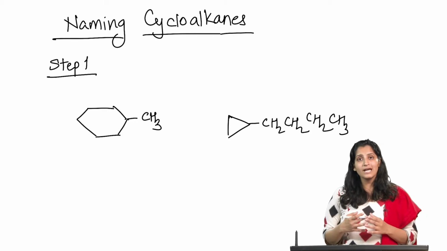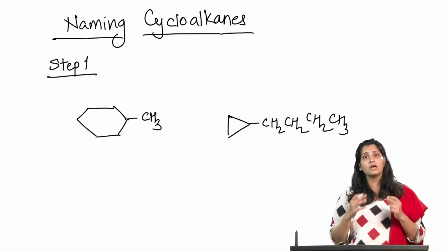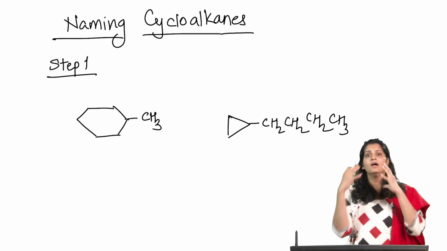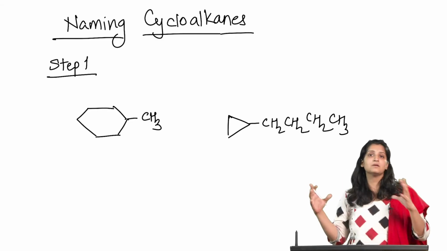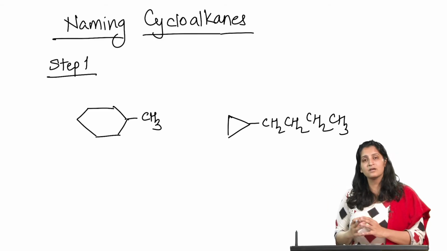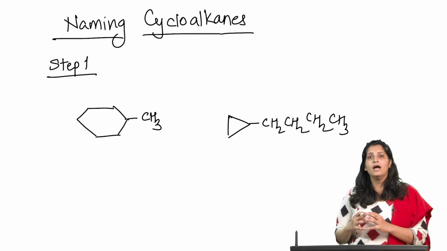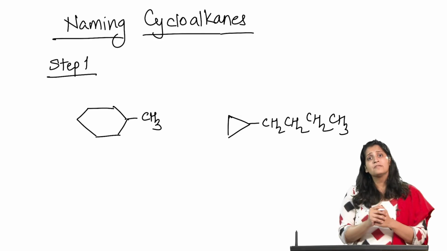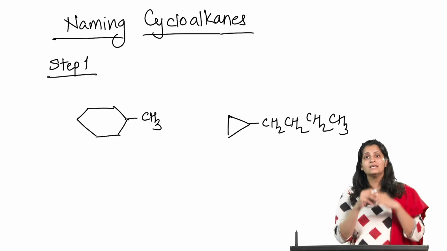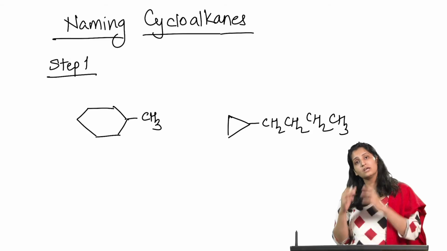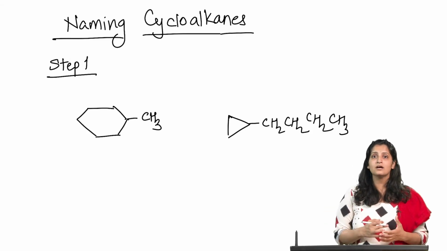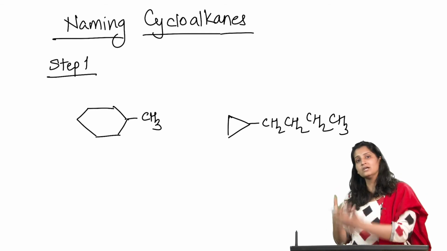So, in order to decide that, what we do is we count the number of carbons that are there in the ring separately and we count the number of largest substituents that the particular compound has and we count the number of carbons in that substituent. Now, if the number of carbons in the ring is greater than or equal to the carbons in the substituent, then it will be named as an alkyl substituted cycloalkane.